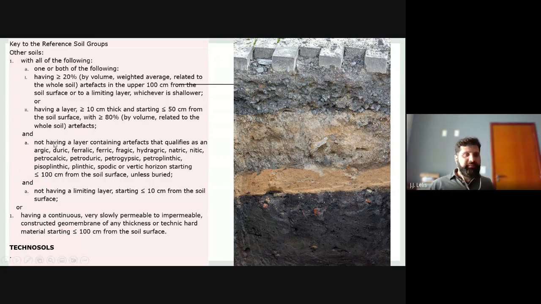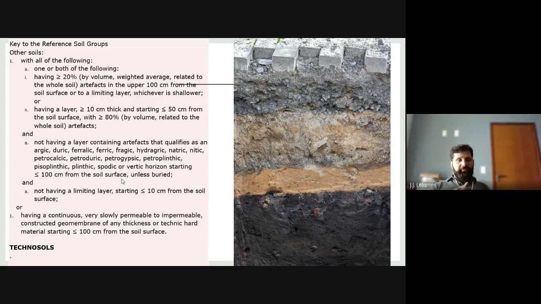And they did not have a limiting layer that starts up to 10 centimeters from the soil surface, because then it's not a technosol, it's another soil that we see the name of, okay? It's a very, very thin soil, that are the leptosols.